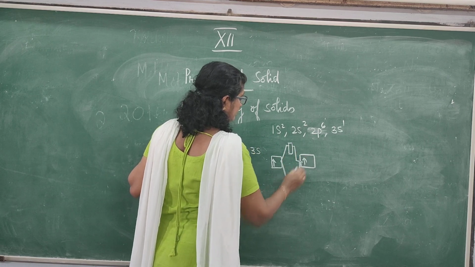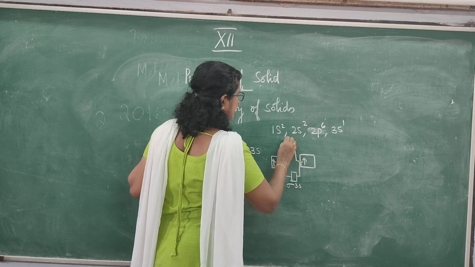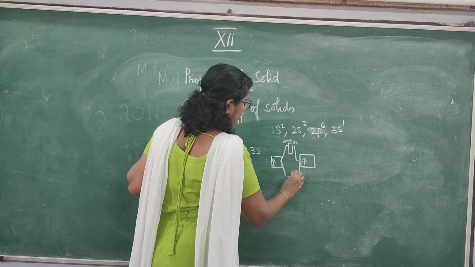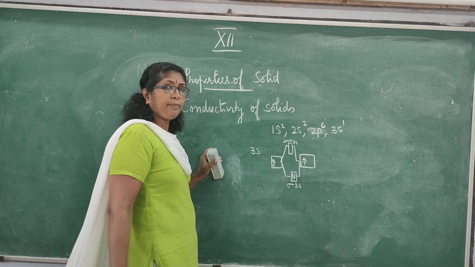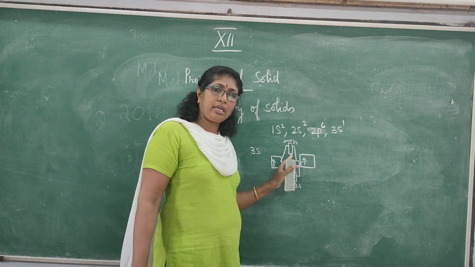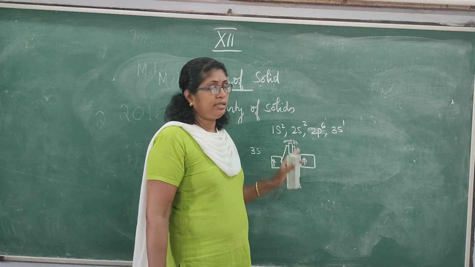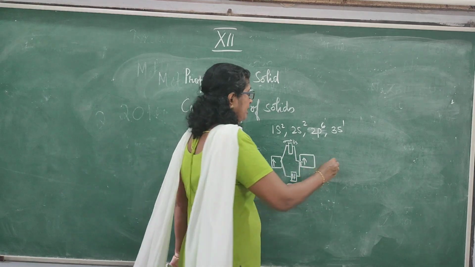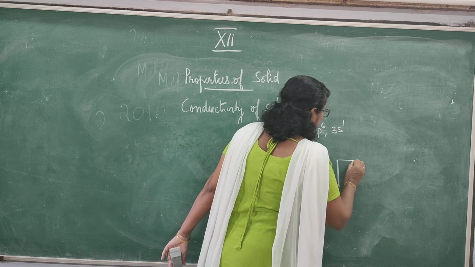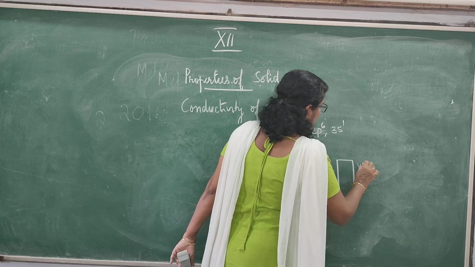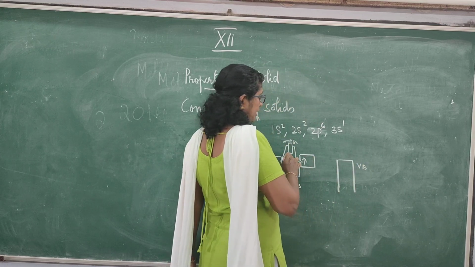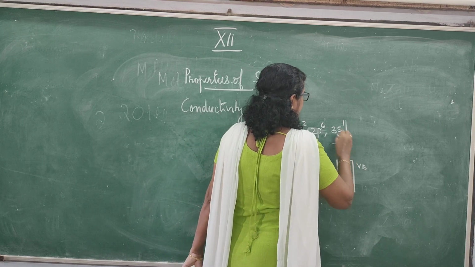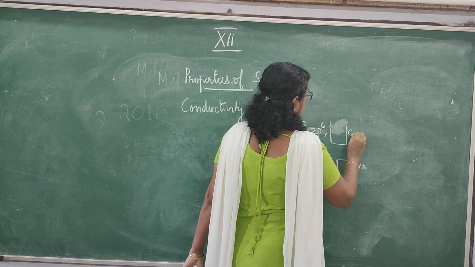One plus one is two, so the two electrons will occupy the bonding molecular orbital, and the antibonding molecular orbital will be vacant. Now all the sigma 3s orbitals will join together to form a valence band, which is occupied. This is the valence band, and this is the unoccupied conduction band.